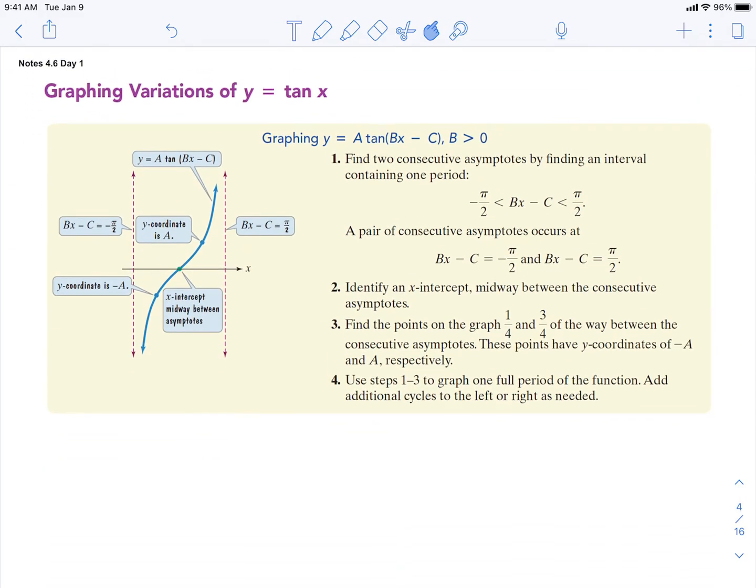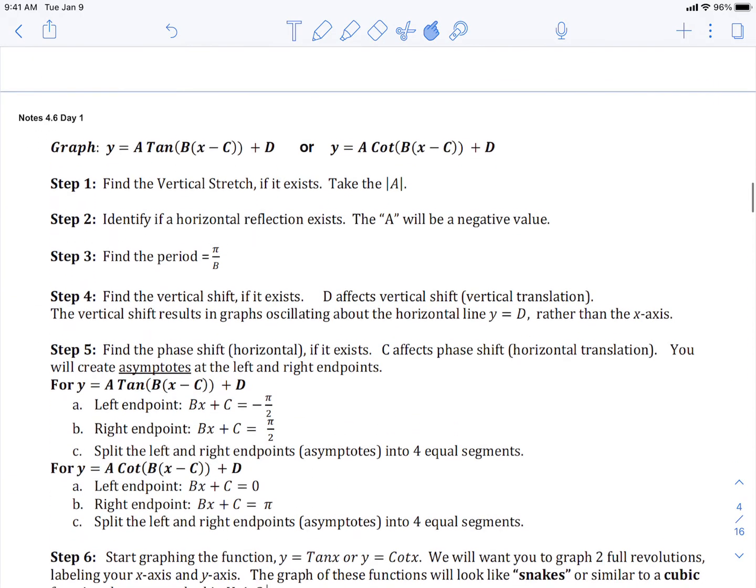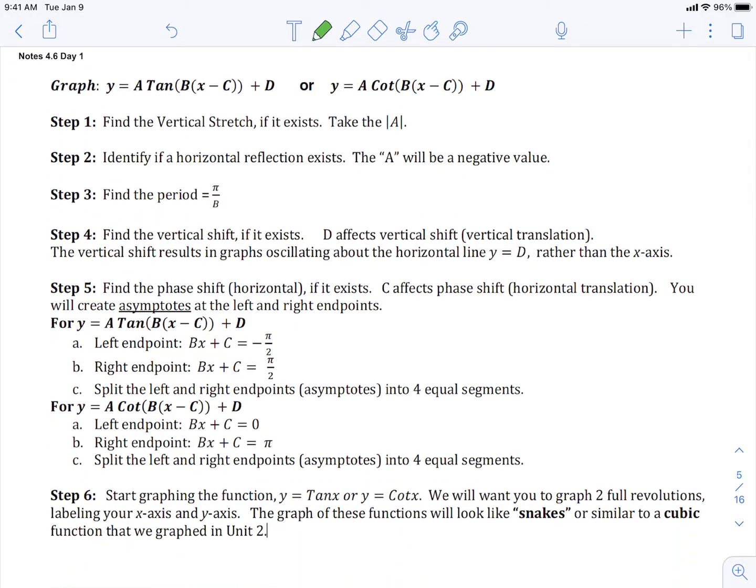There are variations to the tangent function. Those would be like your children. You would want to follow these steps here, and we will do that in another example. Here are the steps that I like to follow.